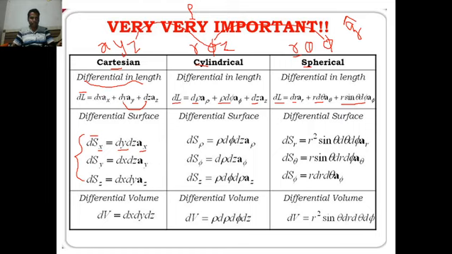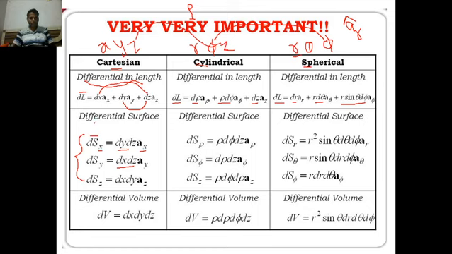Multiply the remaining two differential lengths dx and dz, and into ay cap you will get the differential surface in the y direction. How will you obtain the differential surface in the z direction? You attach az cap here and the magnitude will be the product of the remaining two differential lengths. The same rule is applicable to this coordinate system as well as this coordinate system.